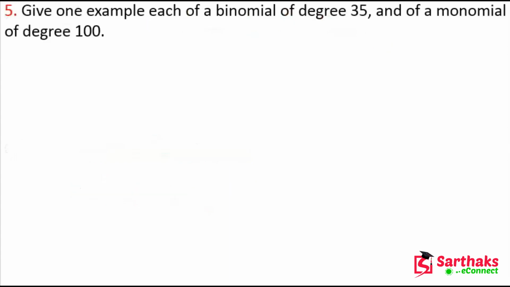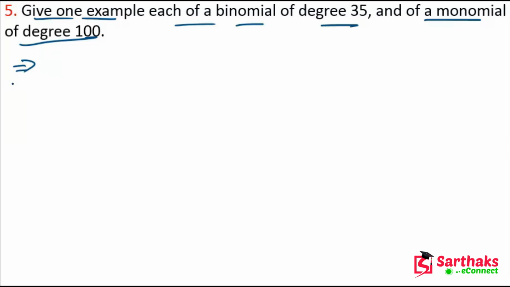So the next is, give an example each of the binomial of degree 35 and of a monomial of degree 100. Okay. We have to give the example. So now my dear friends, binomial of degree 35. What is binomial? Basically a polynomial having two terms.